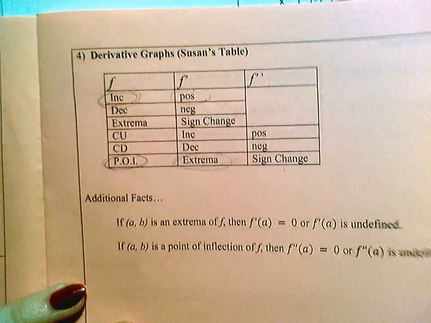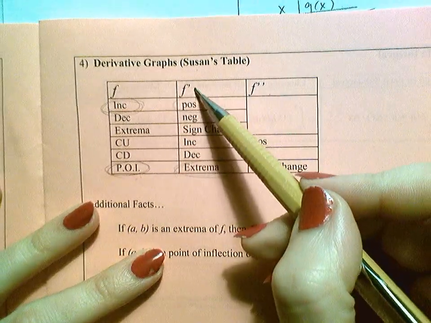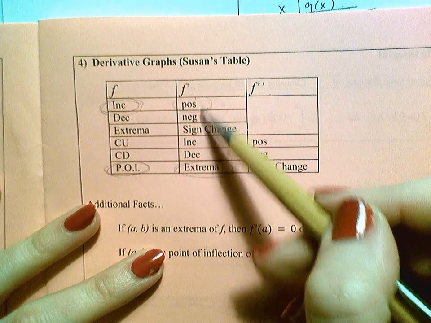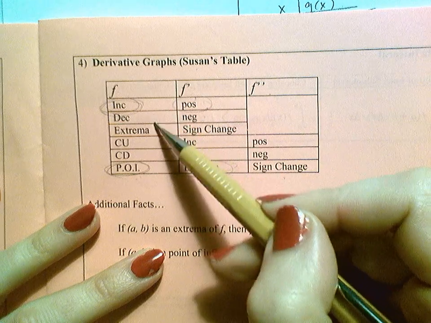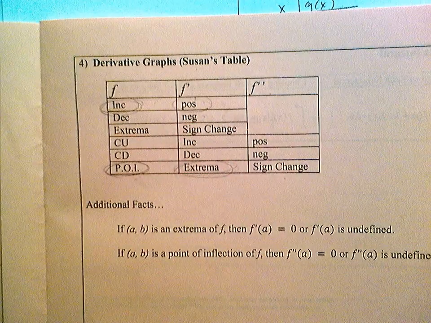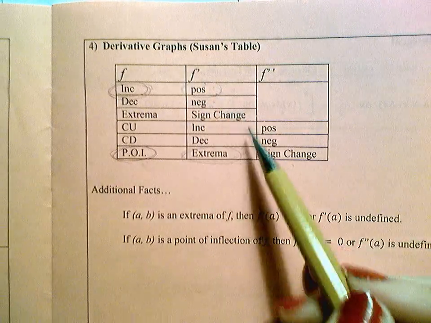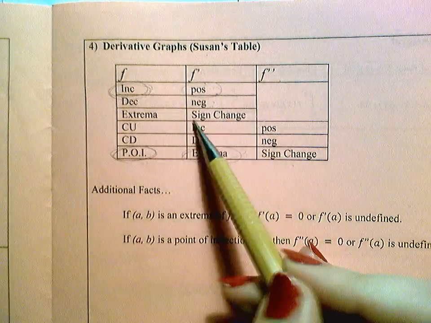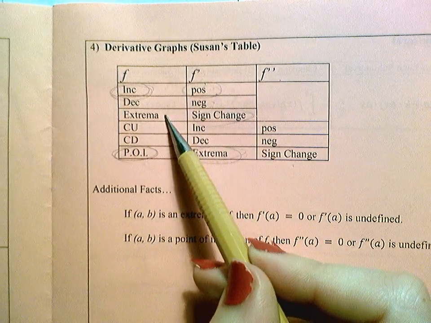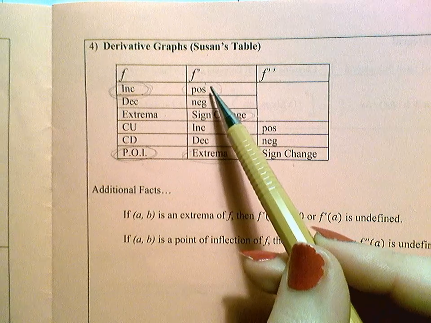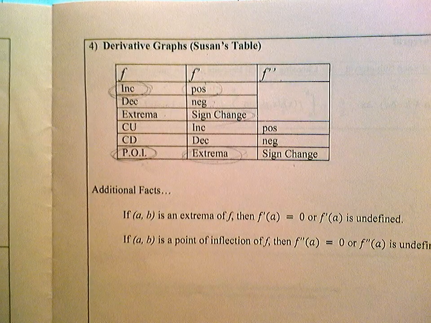So I've got f prime. I'm looking for where f prime is positive or negative, because those are going to be where f is increasing or decreasing. Basically I'm looking for sign changes.